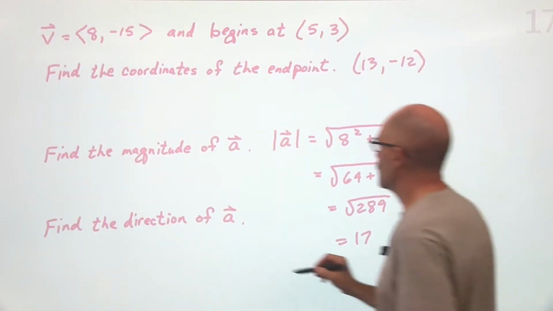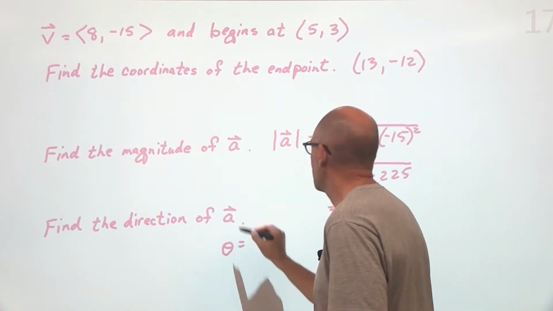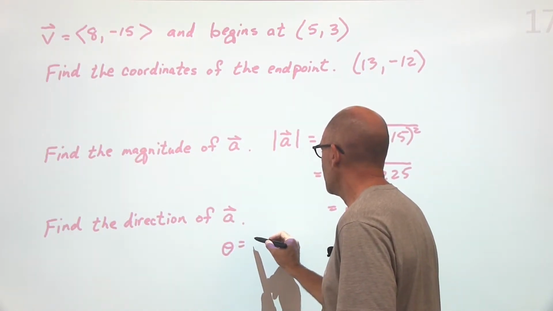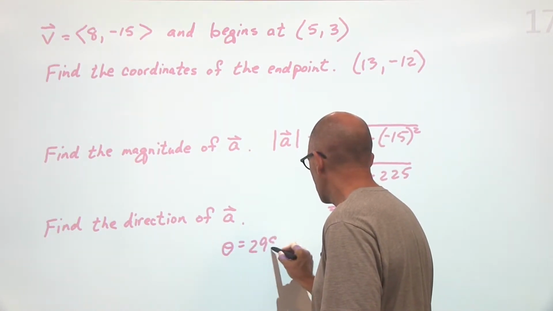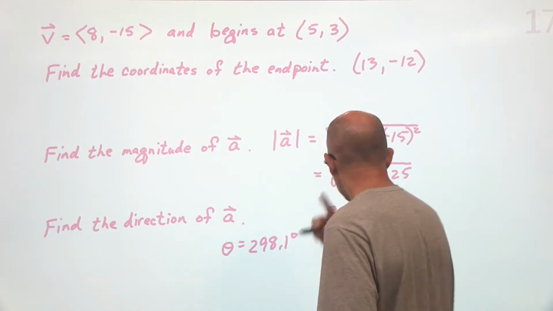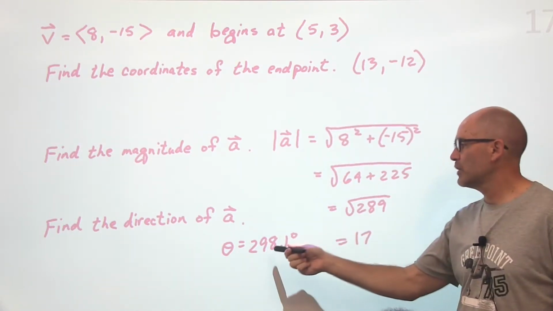So the direction of vector A, theta, equals 298.1 degrees. Remember, vectors are magnitude and direction.